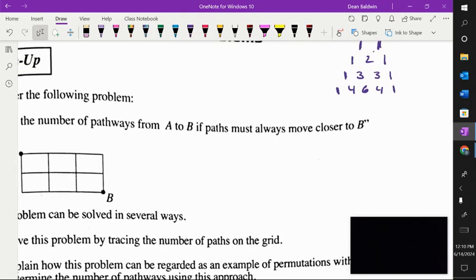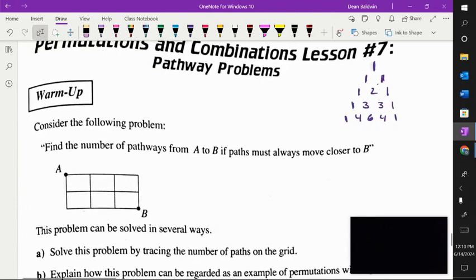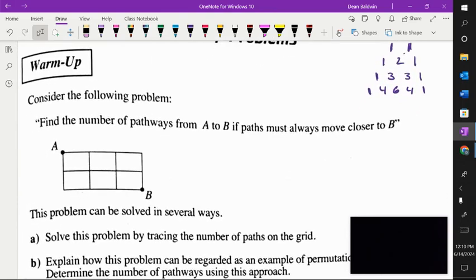All right. We use this to expand binomials. We're not going to do that right now. But what we can also use it for is to figure out the number of routes or paths going from A to B of these grid patterns.